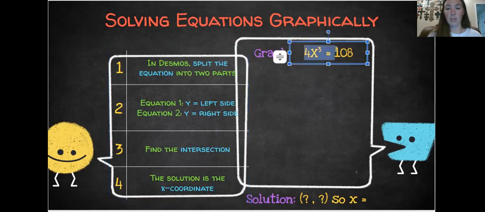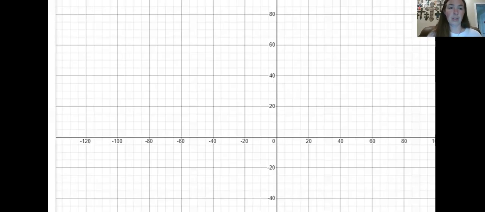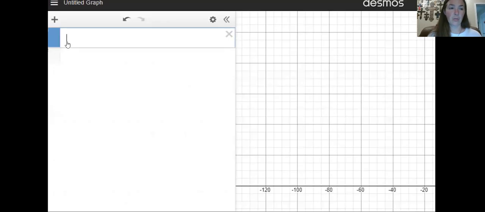I'm going to copy the whole thing, Control C. Then I'm going to go into Desmos. And when I hit Control V, notice it's going to give me something that it can't really read. So what I'm going to do is go in here. And remember, we're supposed to do y equals the left side, which was 4x cubed.